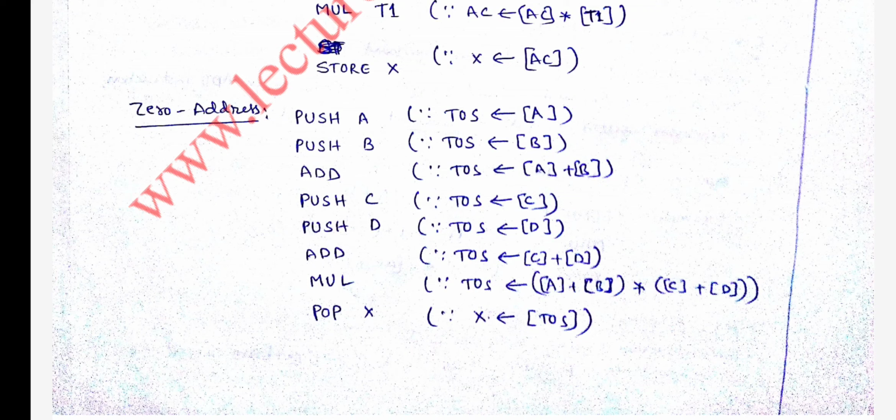MUL, multiplying the top of the stack, that is (A + B) * (C + D). POP X means we delete the result from the top of the stack and store it in X. This is about zero address instruction format.